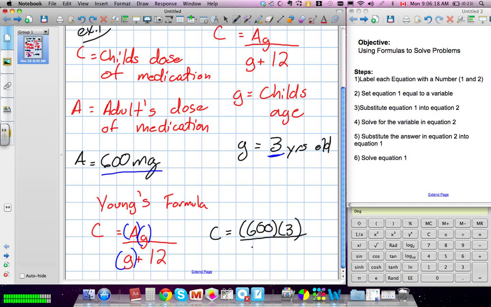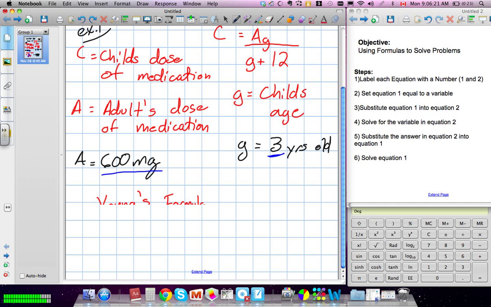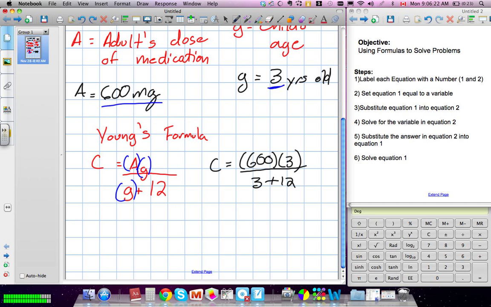Okay. So for some of you, this is where calculators are definitely going to be needed. Make sure you get them. 3 times 600 is going to be 1,800. 3 plus 12 is going to be 15. Remember, we're working with our BEDMAS here. I'm taking care of my top multiplication, the top part of the fraction, and I'm taking care of the other part, which is 3 plus 12.